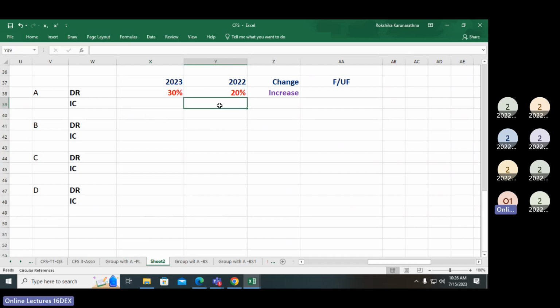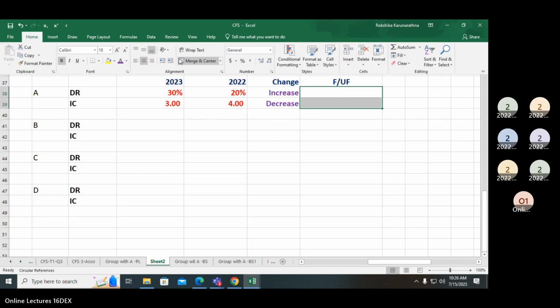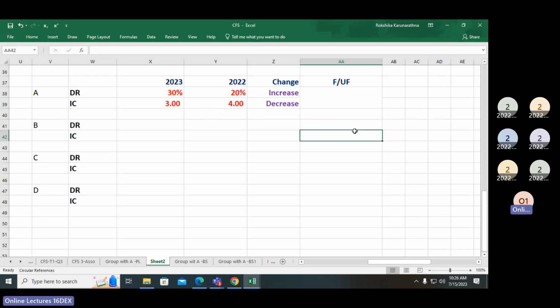Interest cover එක last year 4 times. This year 3 times. Decrease. Now you have to comment overall, right?